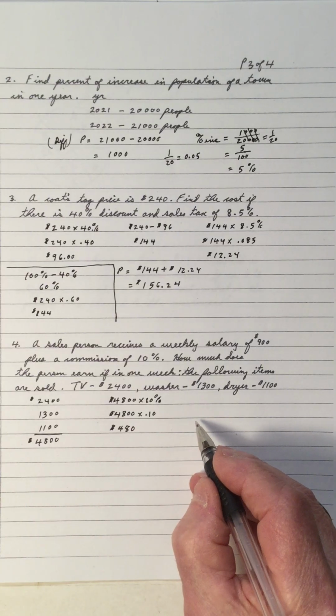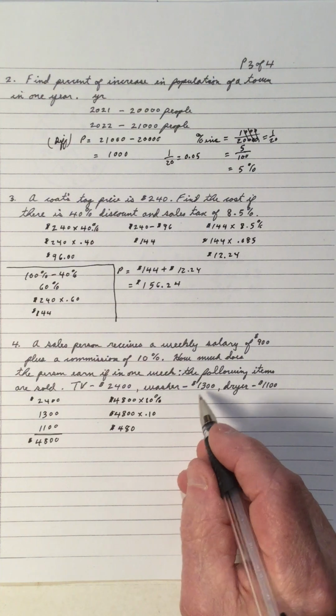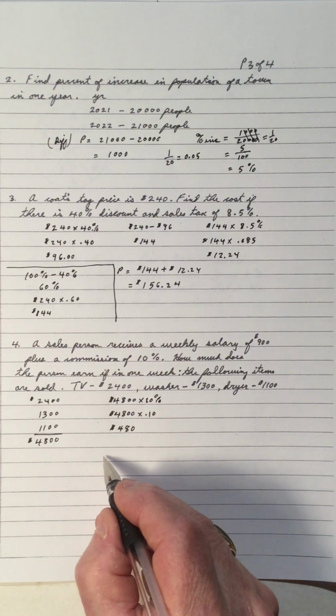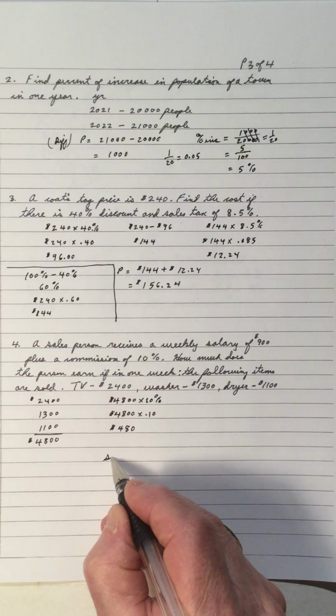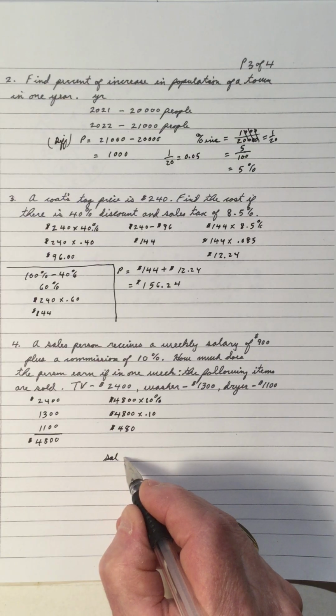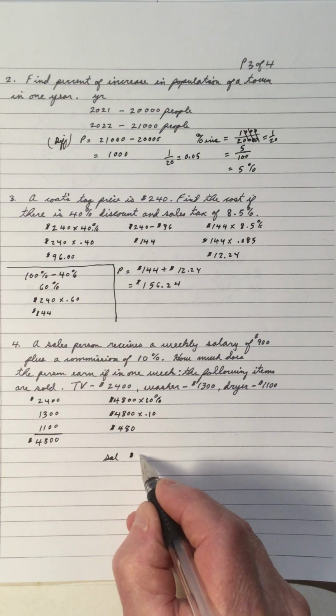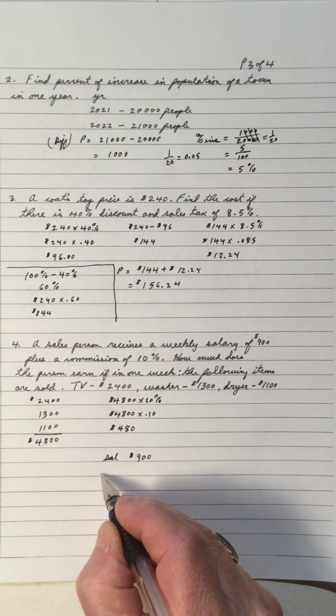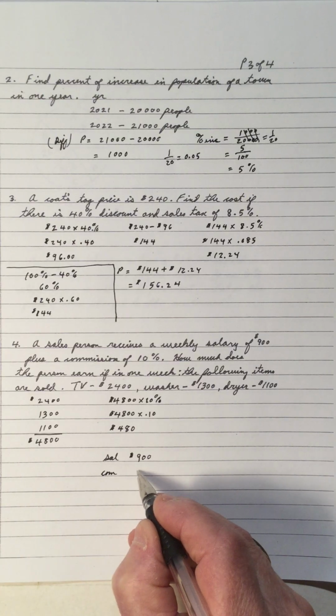So he has $480. So his salary at the end of the week, I call it SAL, is $900. His commission, I call COM just for short, is $480.